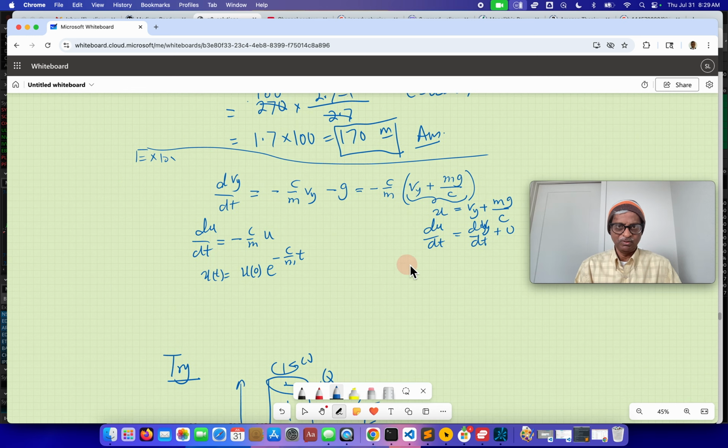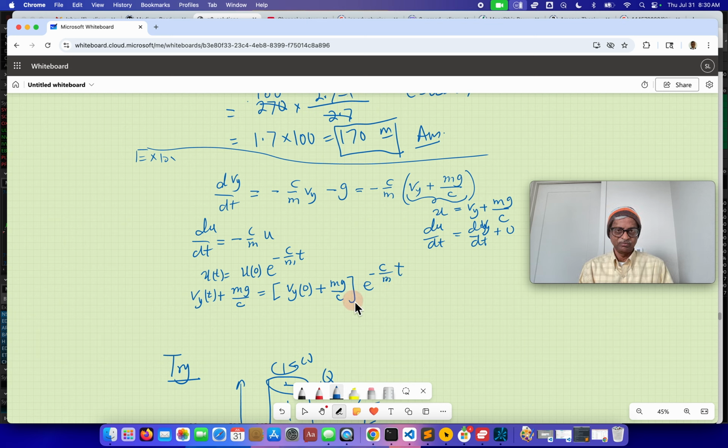So you can write down what u of t is, just vy at t plus mg over c, and u0 will be vy at 0 plus mg over c, times e to the minus c over m t.